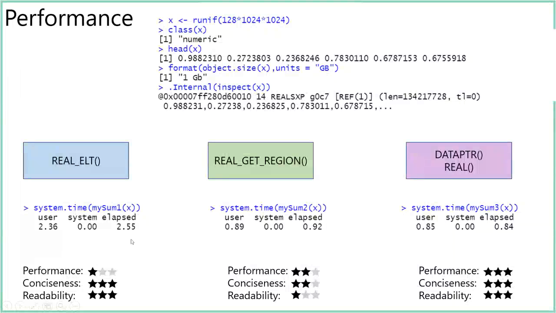The first implementation has the worst performance, and the second one and third one, actually in this example, they should be at the same level.